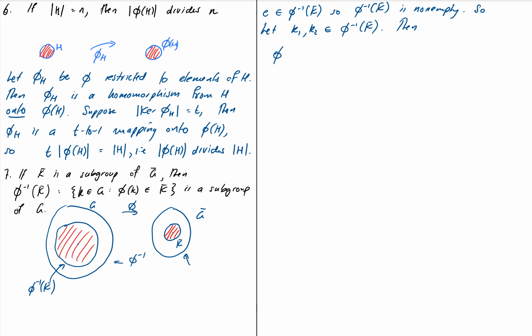So we're going to take phi of K1, K2 inverse and show that we get something in K bar. Well, that's going to be equal to phi of K1, phi of K2 inverse, because phi is operation preserving. We also know that inverses can be taken outside, so it'll be phi of K1, phi of K2 inverse, and these two things are both in K bar by definition.